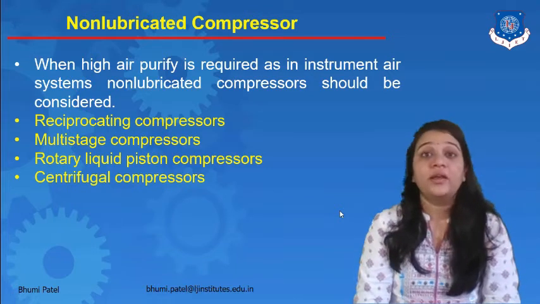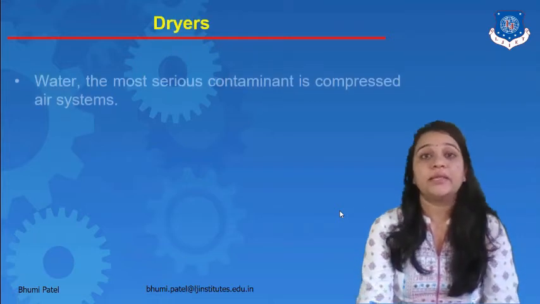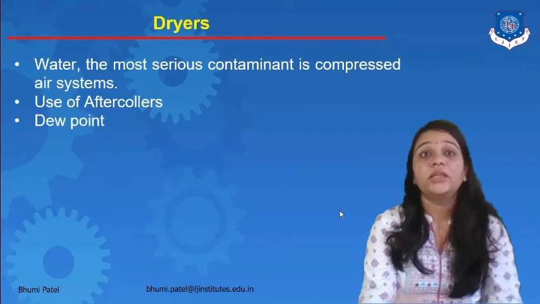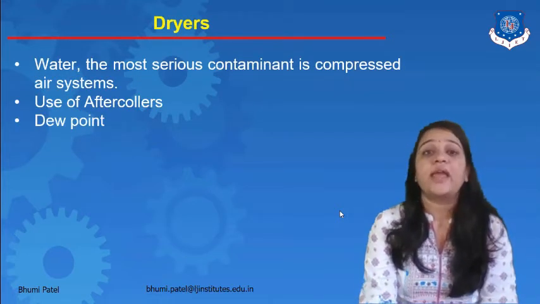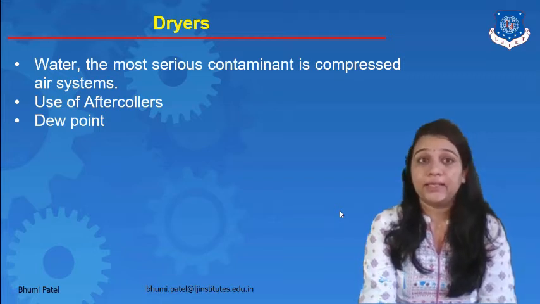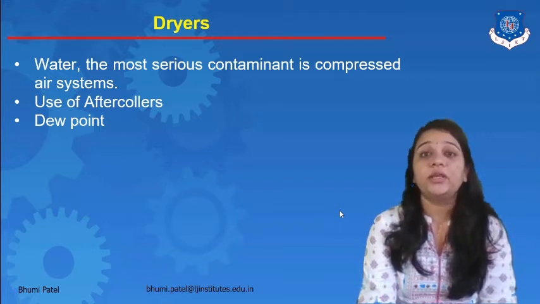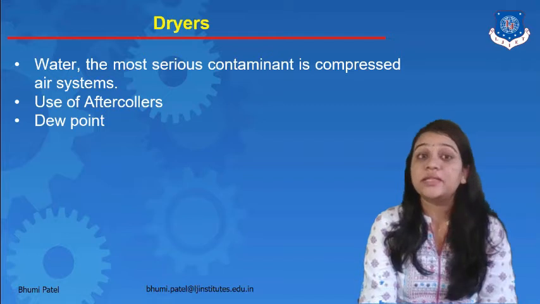Now, water is the most serious contaminant in a compressed air system. During the compression process, as the air pressure is increased, a corresponding increase in the air temperature occurs due to the work of the compressor. Therefore, the compressor discharge air contains the same quantity of moisture as the compressor inlet air.